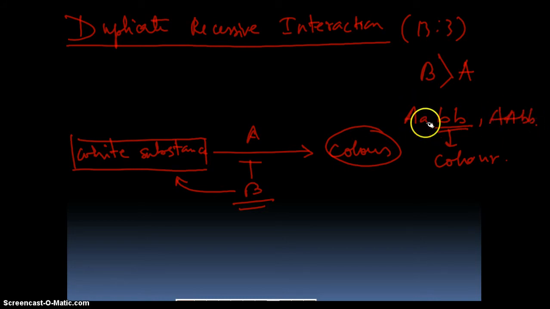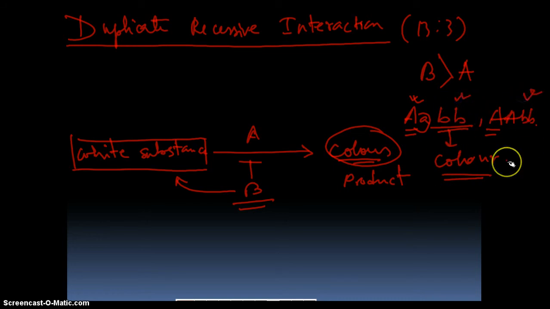In this case, capital A is the functional allele and small a is the alternative form of gene A. The gene A, which is responsible for the color product, has to be present in at least one functional copy. So this one will produce the colored phenotype, and this one will also produce the colored phenotype, but the rest of the genotypes will not be able to produce any color, so it will be a white phenotype.